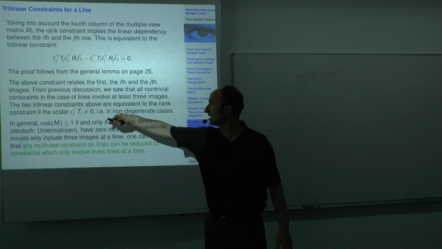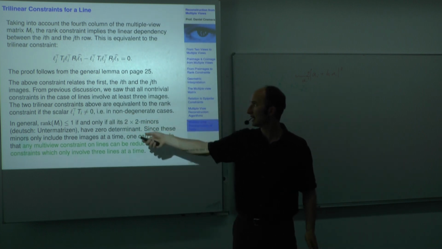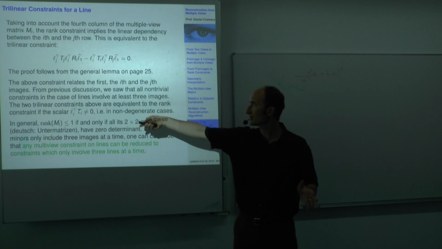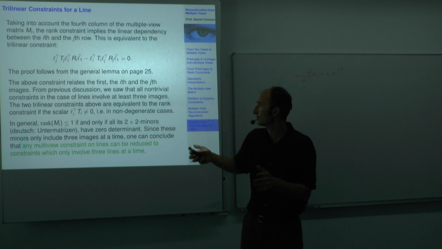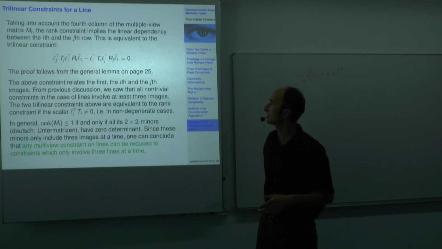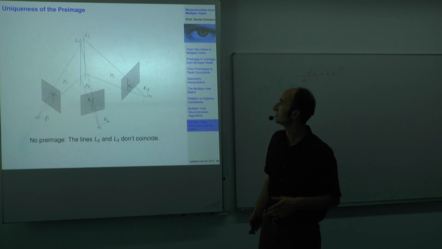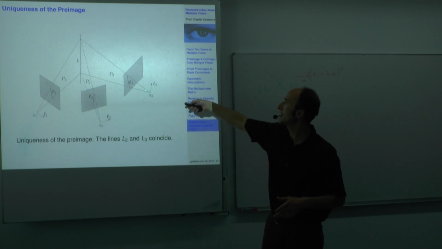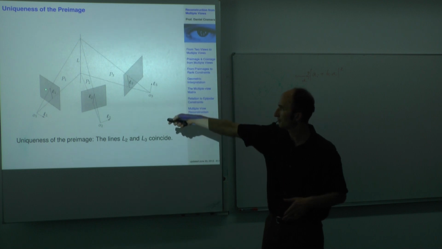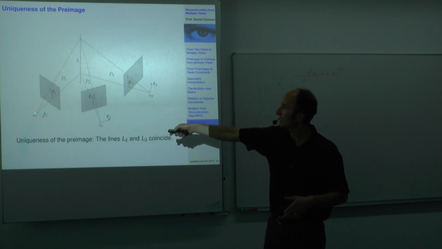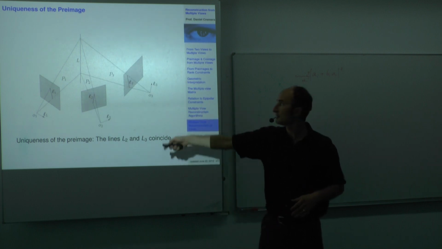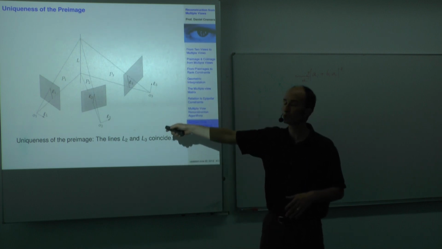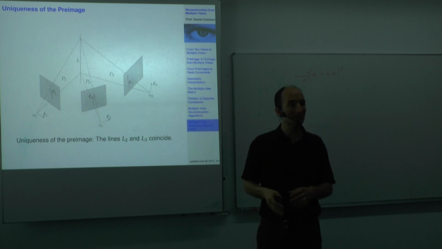So this constraint that Li transpose Ti, meaning the component of the camera translation in direction of the normal on the pre-image, that component, maybe I should get an image. Here's an image, so here's L3. Let's say you observe just one line here in one image, say in the first image, and then you have a camera motion that moves the camera inside that plane P1, then you're going to see the same line over and over, but it's going to always be the same pre-image.